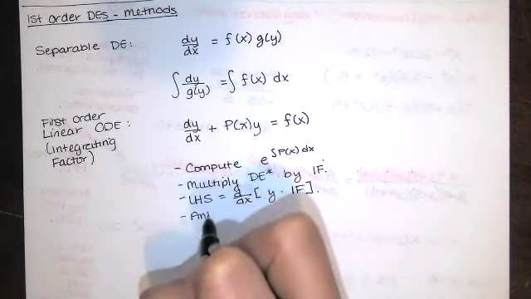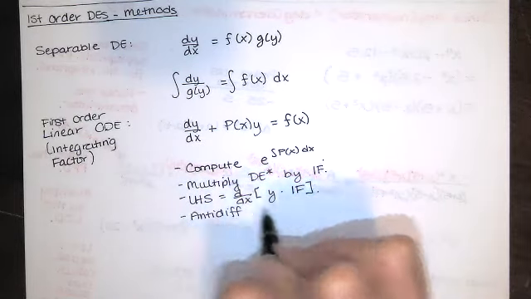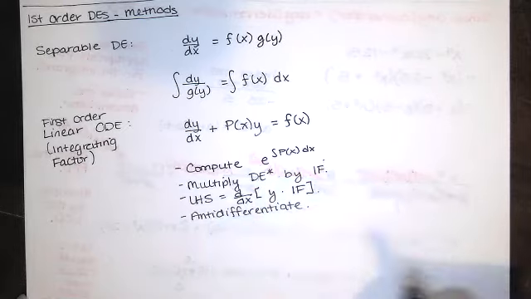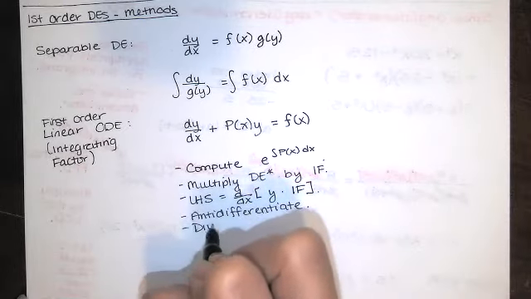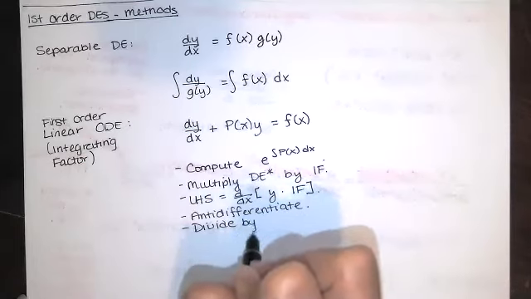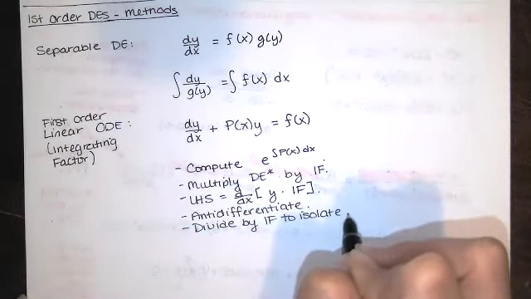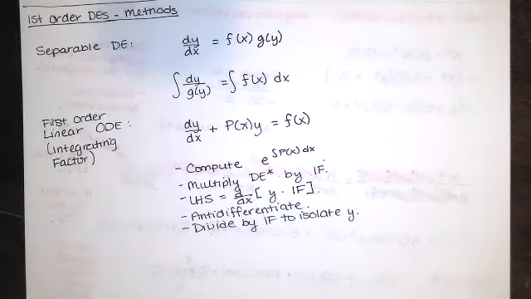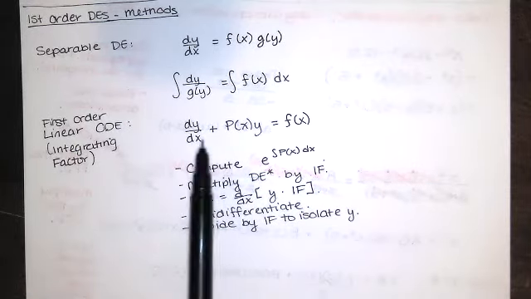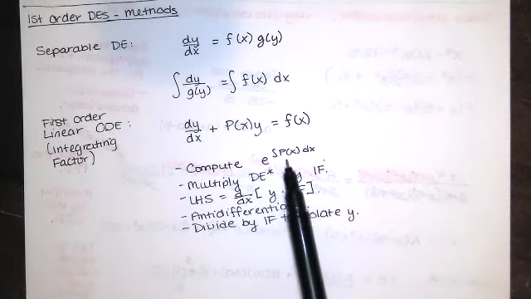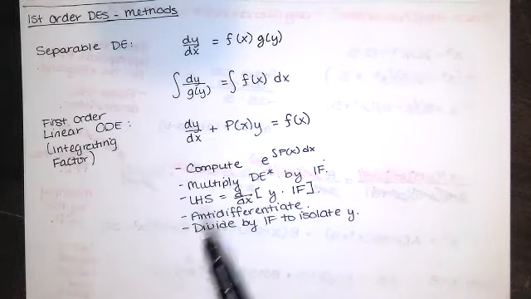So it's a pretty simple method because you're just undoing operations. Although I will admit that the beginning of the method is not very intuitive at all. Most people don't look at this and think, oh, if I only multiplied by e to the integral of p of x dx power, then the left-hand side would be the result of the product rule, and then I'd be 2 steps from getting y by itself.